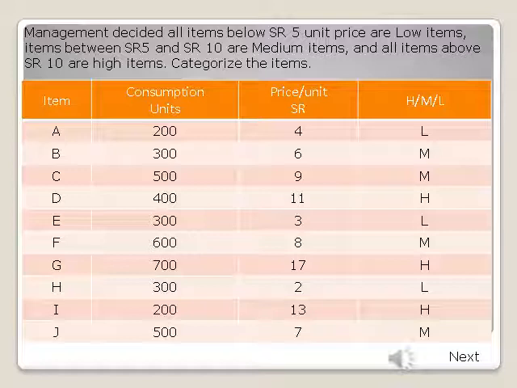Anything below 5 SR should be classified as L items, that means 4 and below. Anything from exactly 5 up to exactly 10 will be classified as medium.